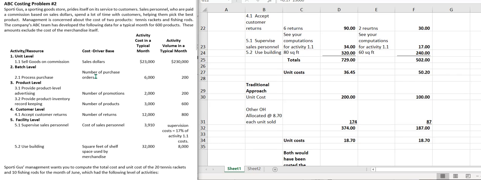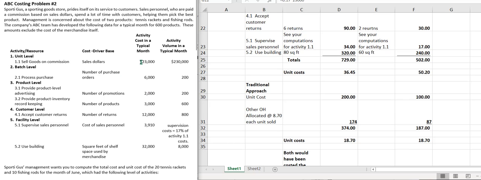Product level costs would be providing product advertising and product inventory record keeping. Then customer level costs, accepting customer returns. Returns are a lot of work and they're usually really expensive. And then facility level, supervising sales personnel. And I think I missed that selling goods on commission is a unit level cost. So that's kind of interesting.